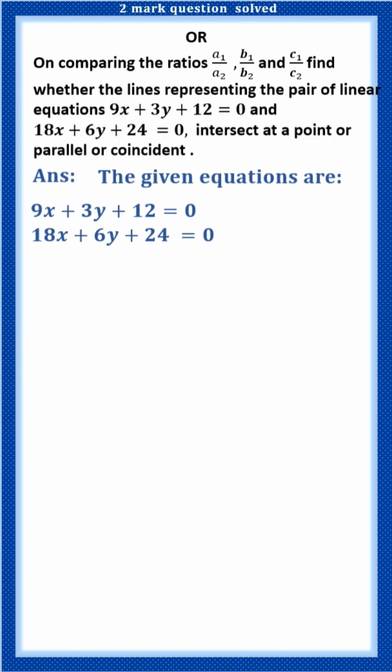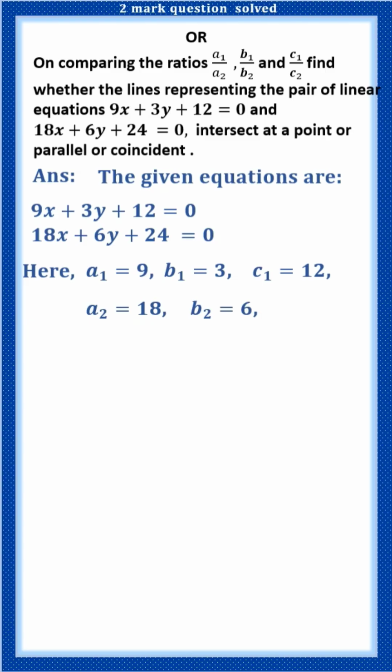Now we have to identify a1, b1, c1, etc. So a1 is equal to 9, b1 is equal to 3, c1 is equal to 12, a2 is equal to 18, b2 is equal to 6, c2 is equal to 24.